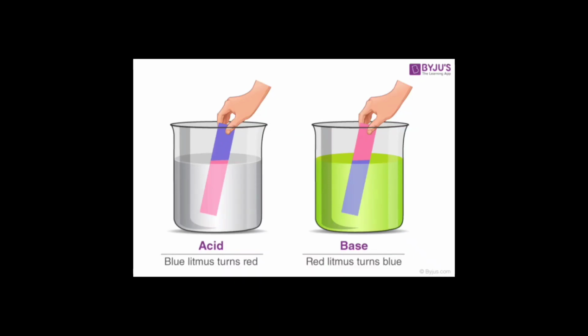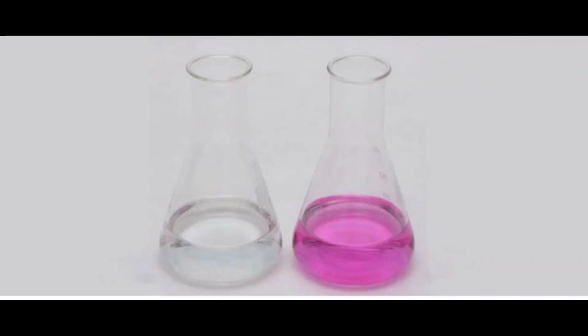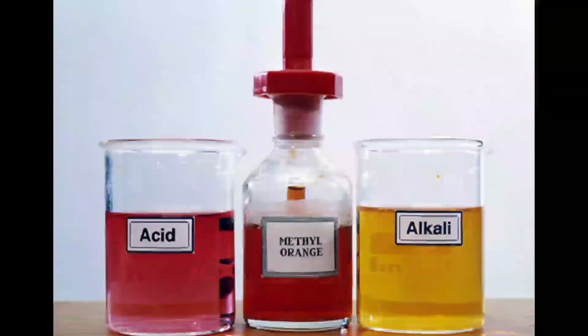Red litmus, no change in color in acidic solution, turns blue in basic solution. Then phenolphthalein turns colorless in acidic solution, pink in basic solution. The last one, methyl orange, turns red in acidic solution and yellow in basic solution.